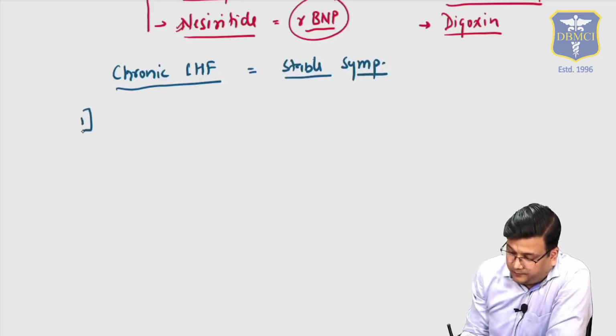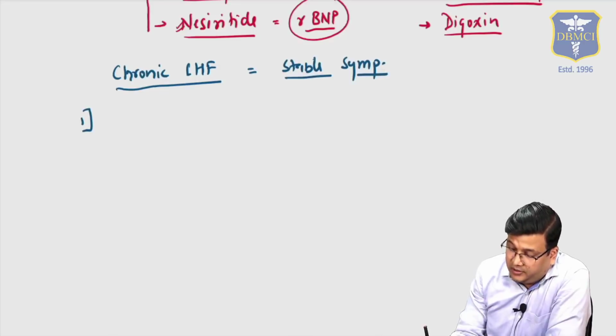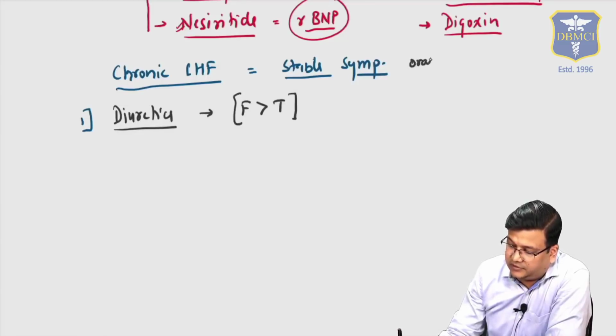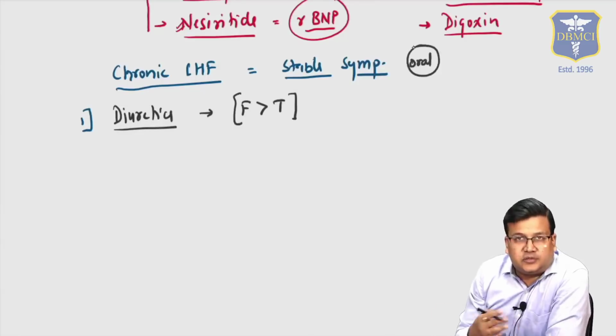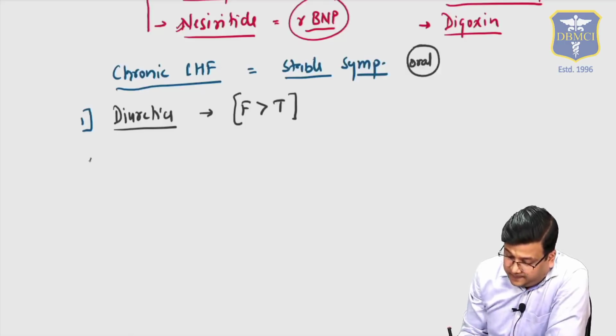Number one, the patient basically has congestion, and the best drugs to get rid of congestion are diuretics. So furosemide or thiazide. Orally these drugs will now be given because it's a chronic condition. Furosemide is better, followed by oral thiazides. So diuretics are the best drug.